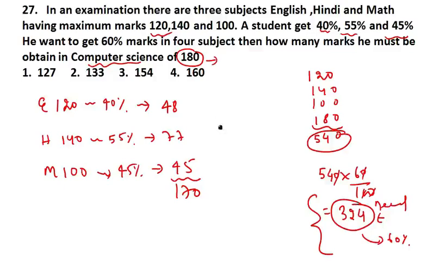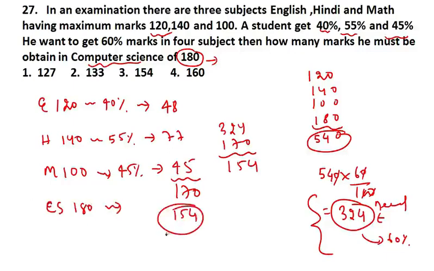So just subtract 170 from 324, and you get 154. So it means that in computer science, full mark is 180, he needs 154 marks so that it becomes 60%.